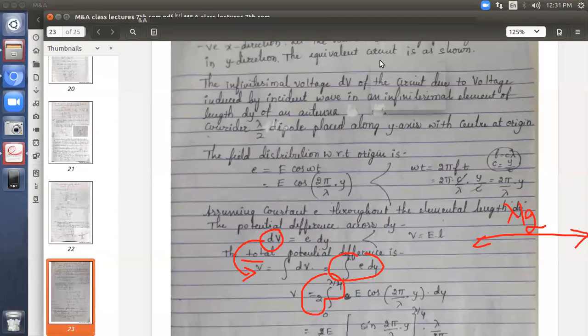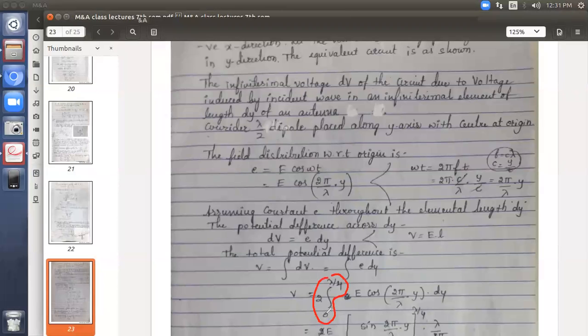So you have possibilities: take the range directly from 0 to lambda by 2, or from minus lambda by 4 to plus lambda by 4. It's according to your convenience. You can take 0 to lambda by 2 directly also. Why have I taken 0 to lambda by 4?